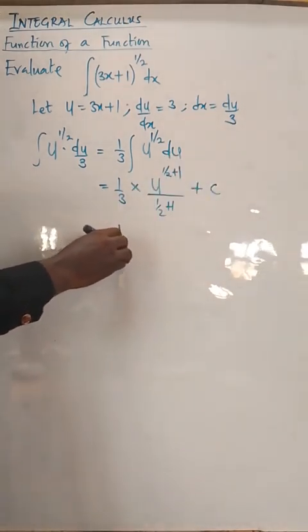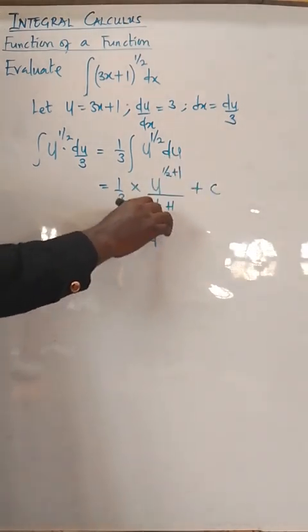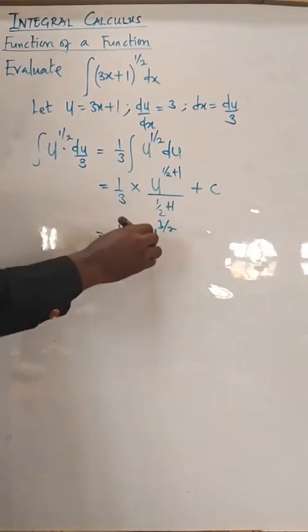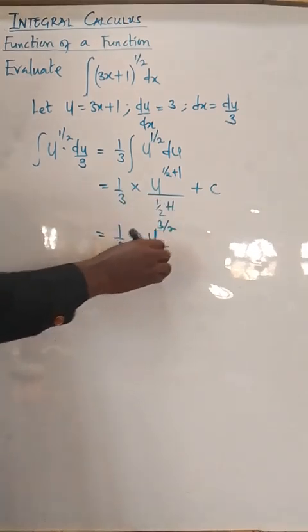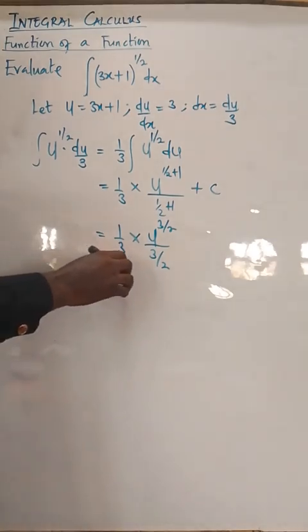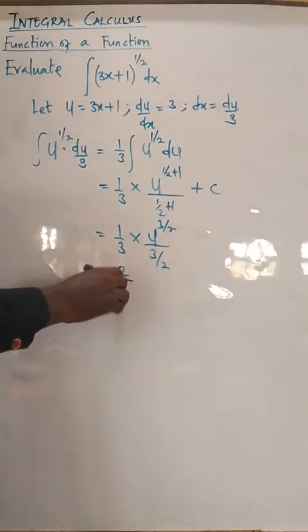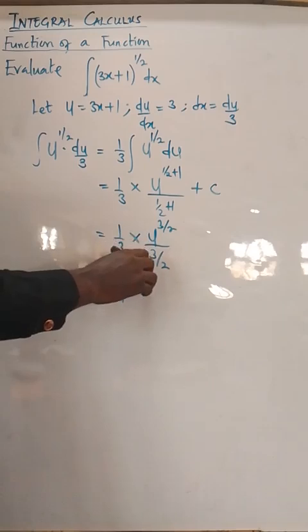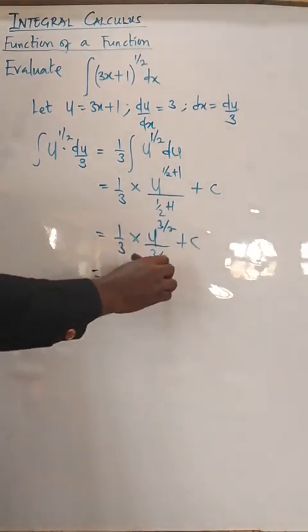And this becomes 1 over 3 times u raised to power 3 over 2 over 3 over 2. So these 2 can go up, and this turns to 2. 3 times 3, 9, u raised to power 3 over 2 plus c.